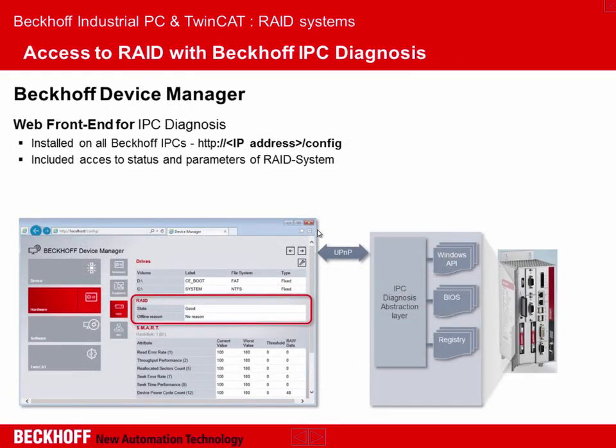First of all, and this is the easiest way to access IPC diagnostics, you can open the web browser, browse to the IP address and then /config, and then you see a wonderful new web display in HTML. You see the RAID diagnostics, the status of the RAID system, and the reason for offline.